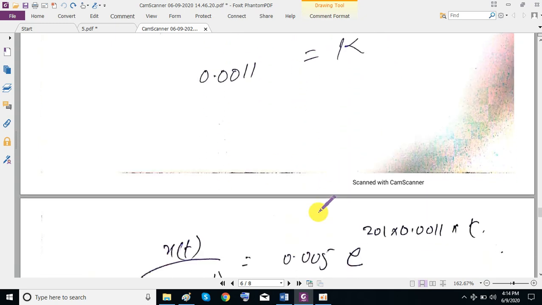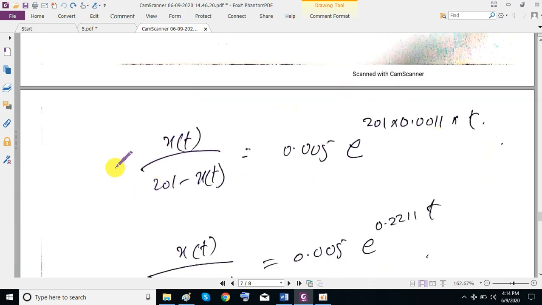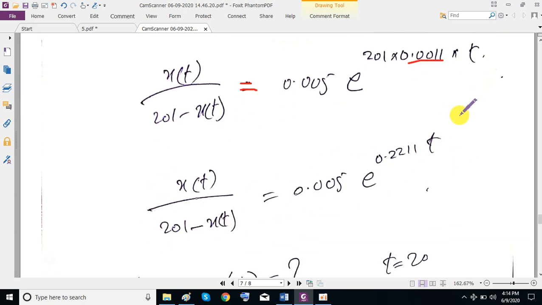We will put this value of k in the equation, so the equation will become x of t over 201 minus x of t equal to 0.005 e power, and the value of k comes here. Multiplying these two, we get 0.2211 into t. Now this is the solution of the given equation. This is the particular solution of the given equation. The first one is a general solution, okay, but this is the particular for this problem.